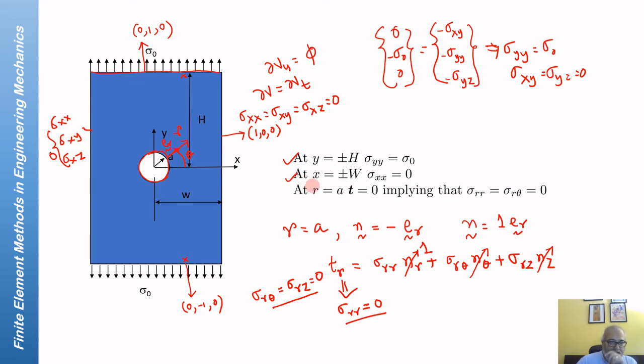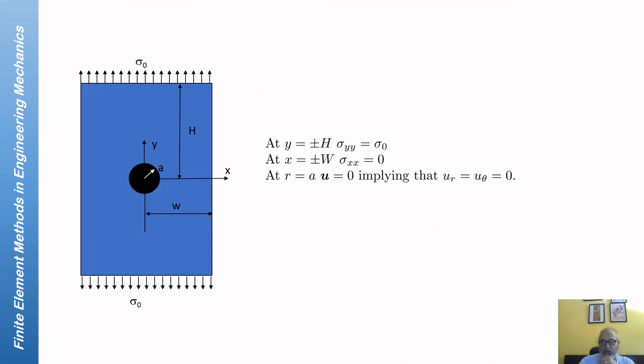Okay, now a slight twist to this problem. Instead of having a hole, you have a rigid particle sitting inside this hole, and it's strongly bonded to the plate. So now the rigid particle will not let this boundary move when it deforms.